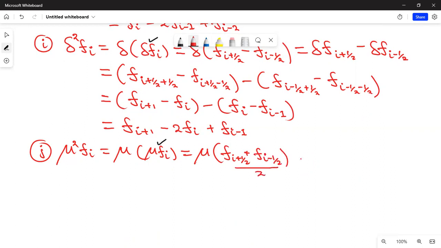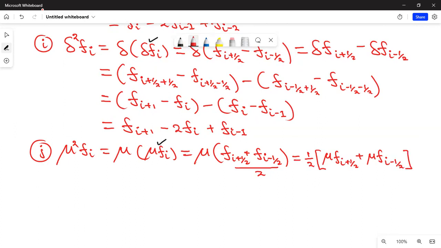It's an average, which is the same as 1 over 2 into, now I take mu inside, so it's mu of fi plus 1 over 2 plus another mu of fi minus 1 over 2. That's what we have.